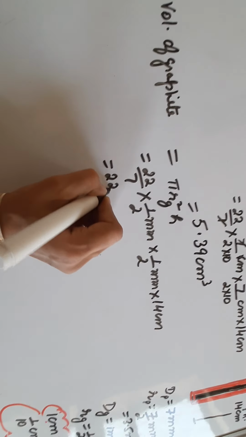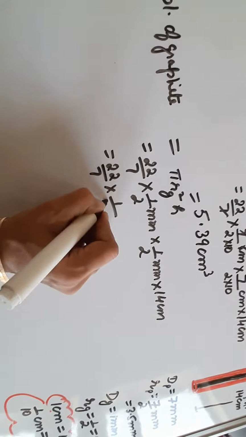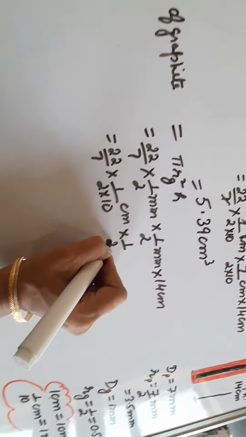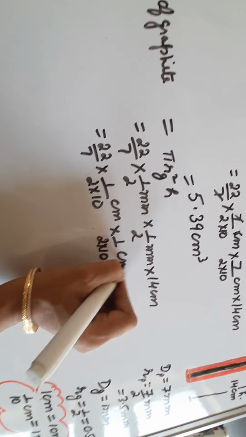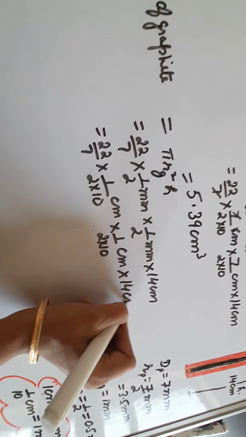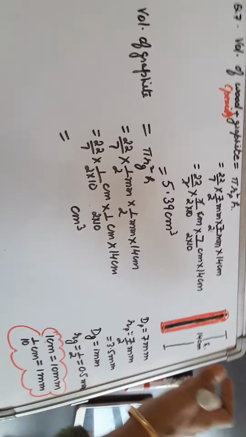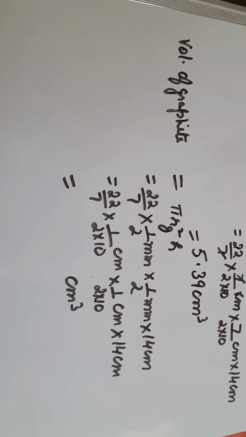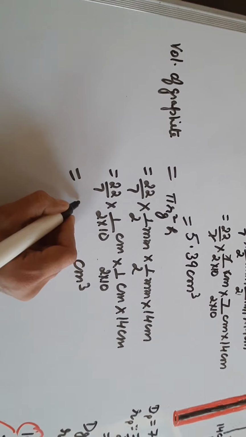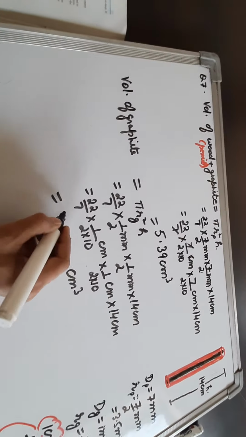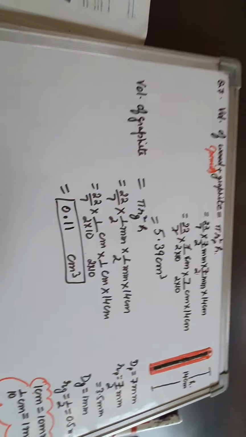So let us first convert these millimeters into centimeters by dividing by 10. Now let us calculate the volume of the graphite in this pencil. It will be 0.11 cubic centimeter. So this is one answer, the volume of the graphite.